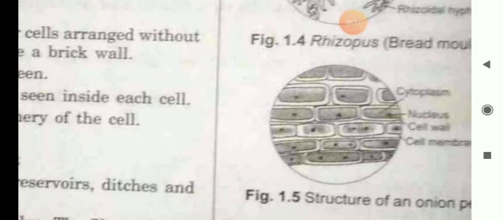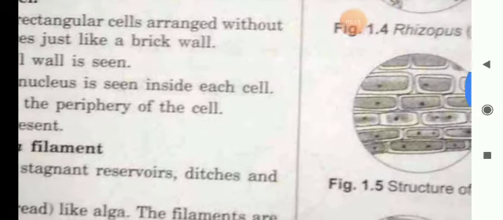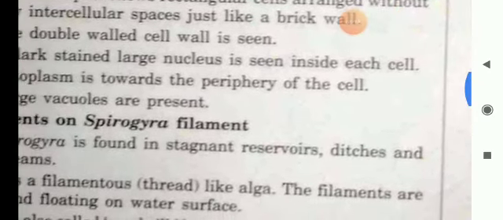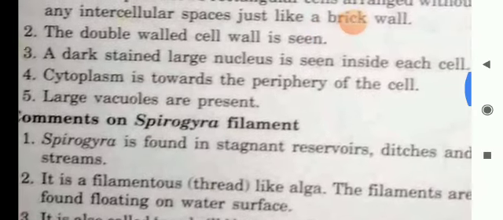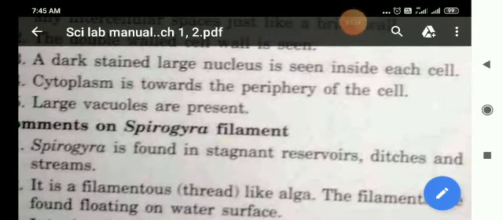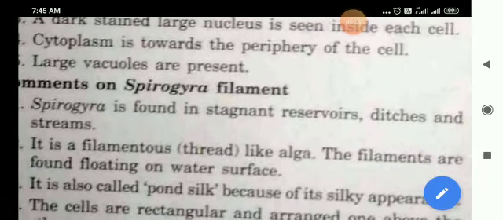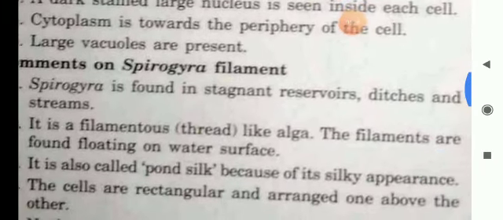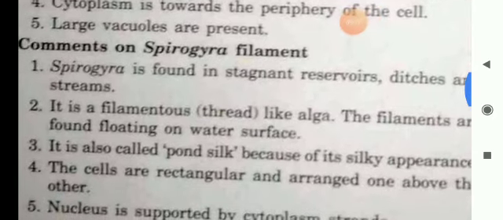A large vacuole is there, and in between there is cytoplasm. A dark stained large nucleus is seen inside each cell, and cytoplasm is towards the periphery of the cell. Large vacuoles can also be seen because it is a plant cell.